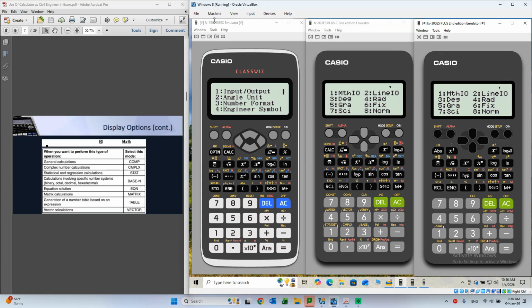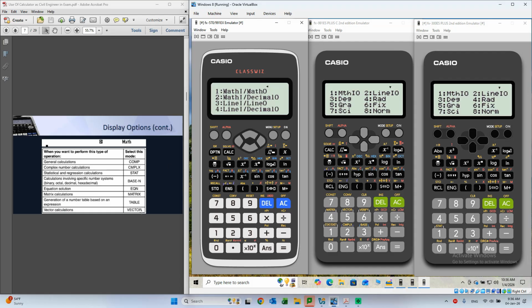Let's start with the EX emulator. We have input output. If I wanted to adjust the input and output of the equation, I can go here, number 1. If I go to number 1 here, input output, what does it say? We have math input, math output, and math input, decimal output.